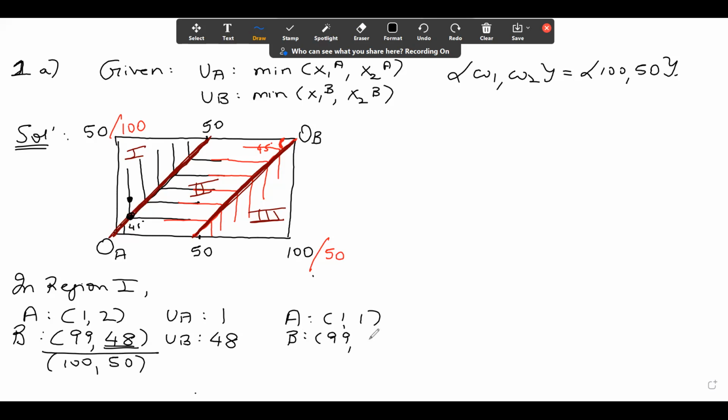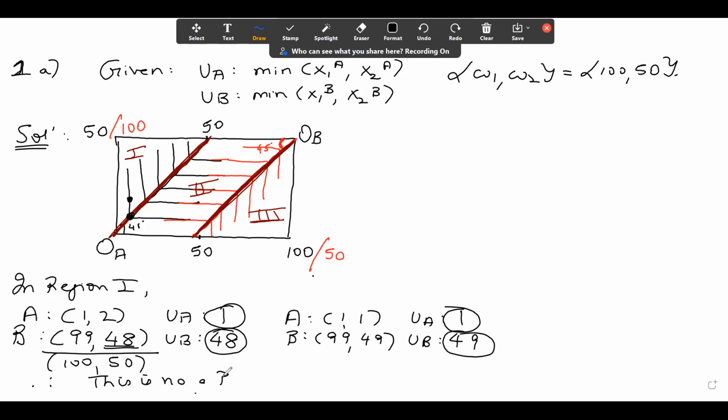B has 99,49. The utility which A gets is min of 1,1. The utility which B gets is min of 99,49, which is 49. Compare both. You can see that B has become better off without making A worse off. Therefore, this is not a Pareto efficient allocation.